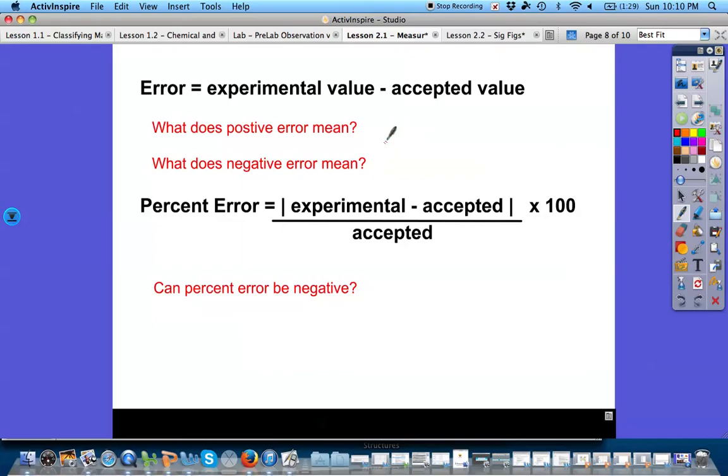So positive error means that you measure slightly over. Negative error means that you measured slightly under.